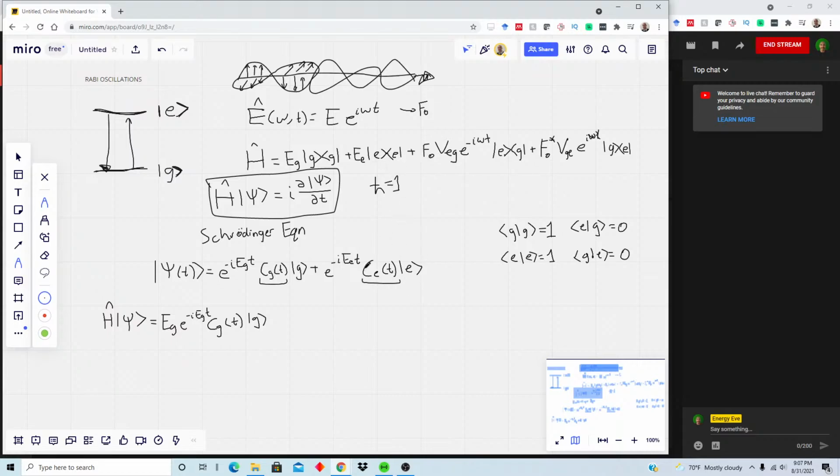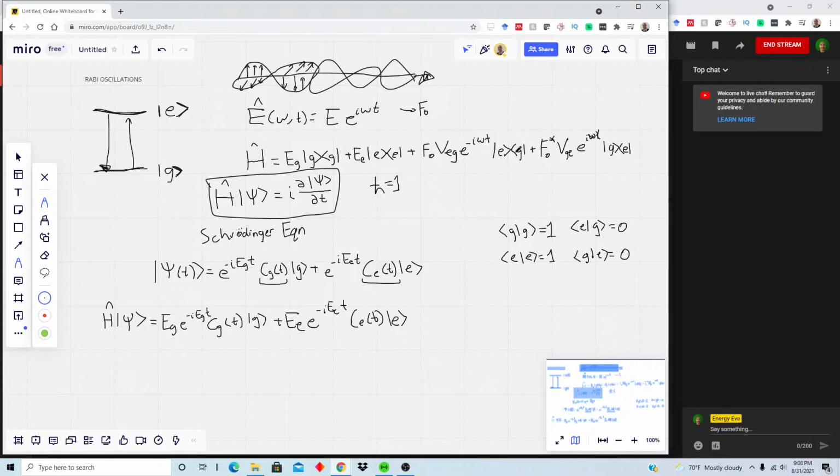And so you're left with E_e, little e, and then the exponential with this constant, and you get the same e term back because when you apply this e to this, you get 1, and you're left with this.